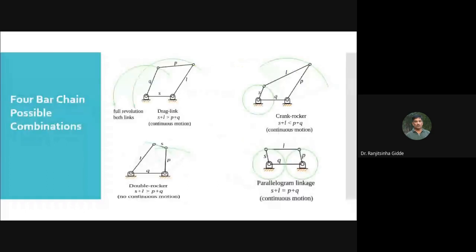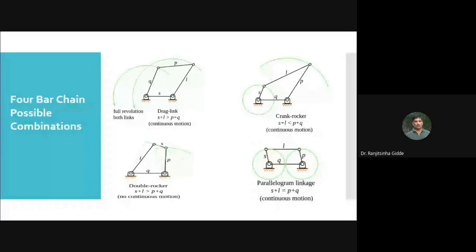Now let us see the possible combinations of the 4-bar chain mechanism. To get continuous motion, we need to fulfill that Grashoff's law.